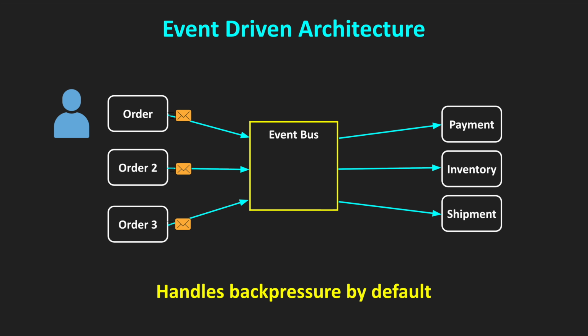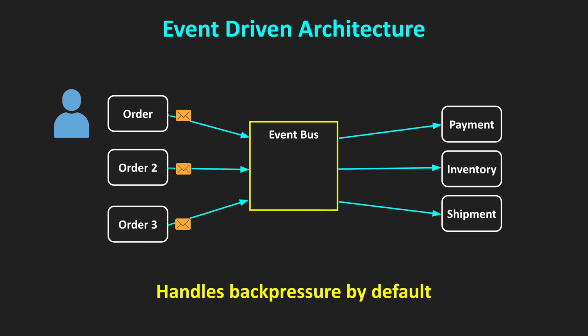So what it means is we need to have a mechanism on the downstream system side to handle as many messages as we can. On the payment side, if we want to consume only 20,000 messages in a minute, then we should be able to do that. That's called back pressure.